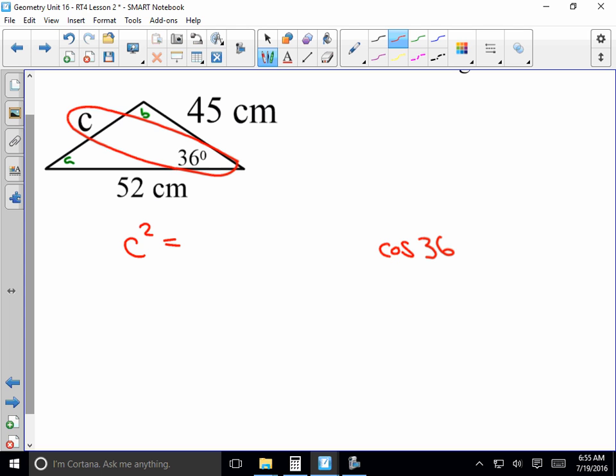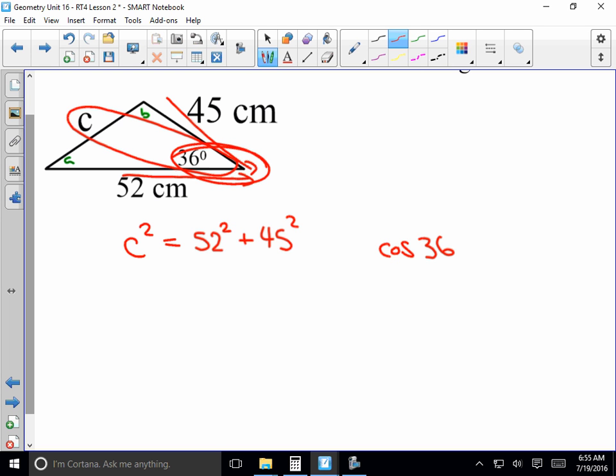Make sure you have those two separated properly. The rest of the information can be plugged in basically any order. So we've got the first side that we know, 52 squared, plus the next side that we know, 45 squared. Notice that these two side lengths work together to create the 36-degree angle.